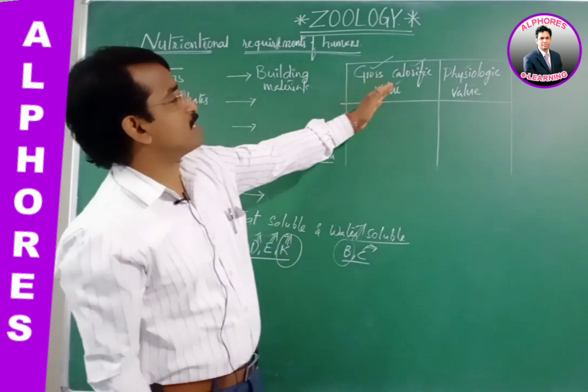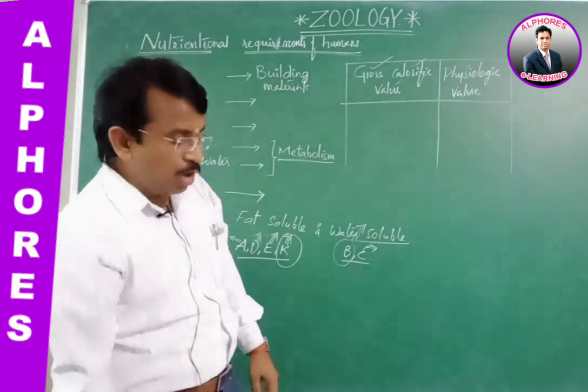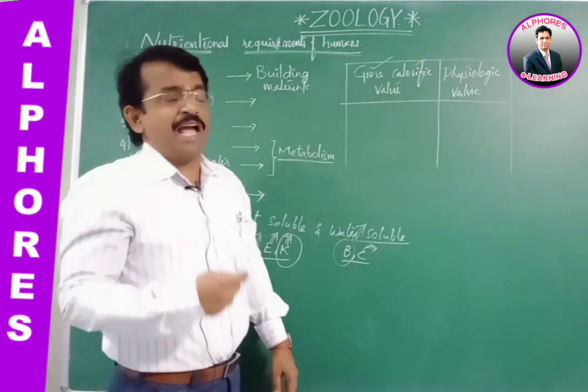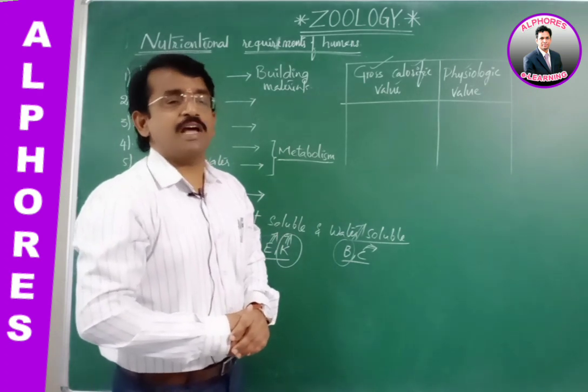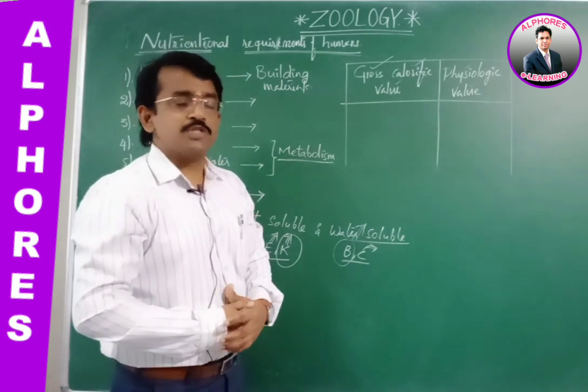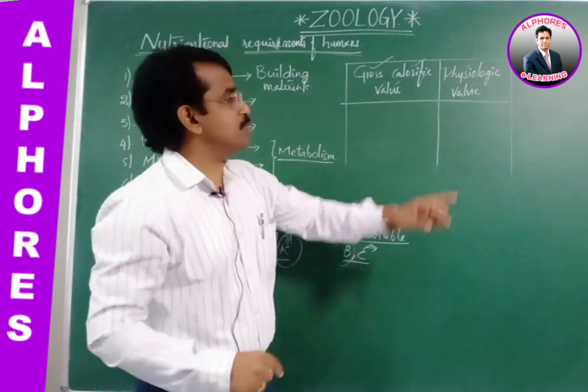So, the physiologic value means the amount of energy produced by combustion of 1 gram of food in our body.